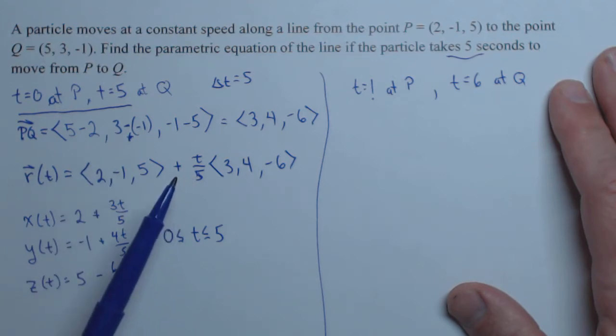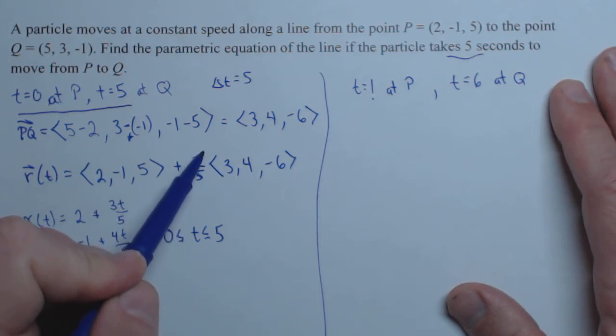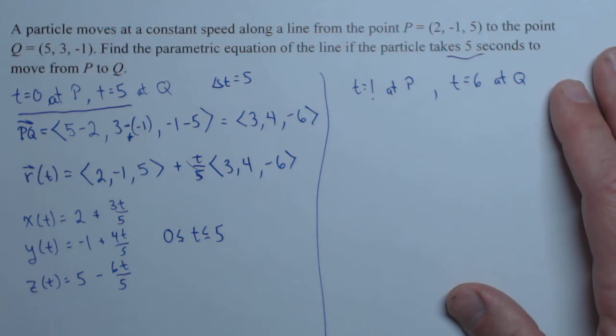So I'm going to show you a nice quick way to handle this so that we don't have to redo everything. Basically what we're going to do is shift the time. So instead of putting t in here, I'm going to put in t minus 1.